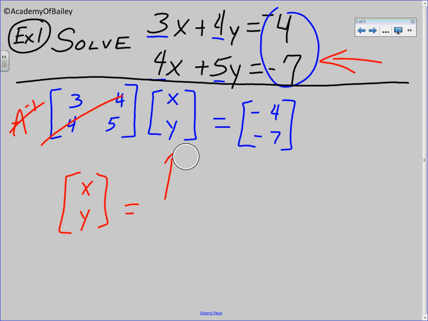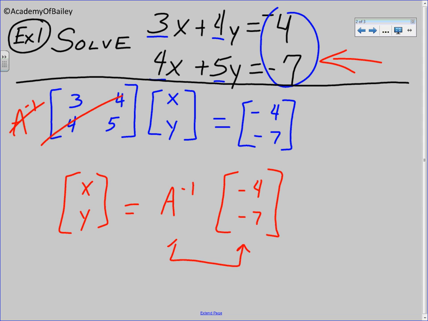And if we multiply the left side by the inverse, we also have to multiply the right side by the inverse. And then once we multiply these two matrices, we have our answer. Seems simple enough, right? It just takes remembering how to find the inverse of matrix A.